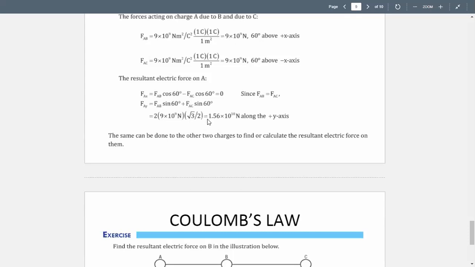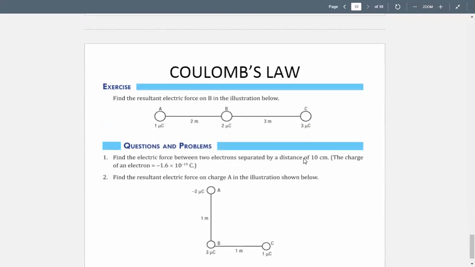But somehow it's around 1.56. So 15.6 ang sabat natin. But with regards to the exponent, 10 to the positive 10 is wrong. This one is quite wrong. But this is again going in the y-axis, pointing in the direction of the positive y-axis. So this is merely going upward. So that's the effect of our charge.